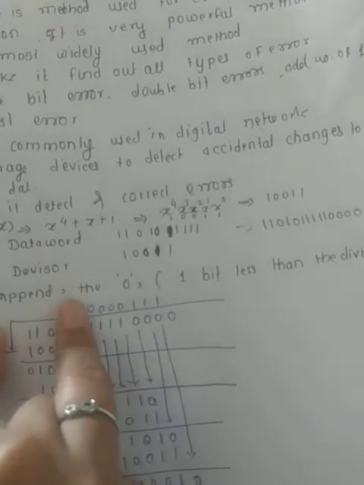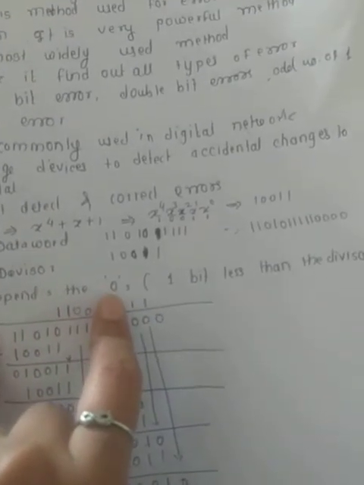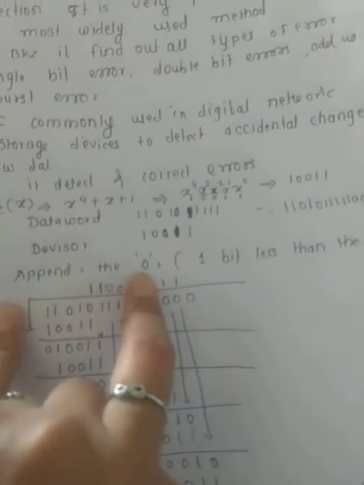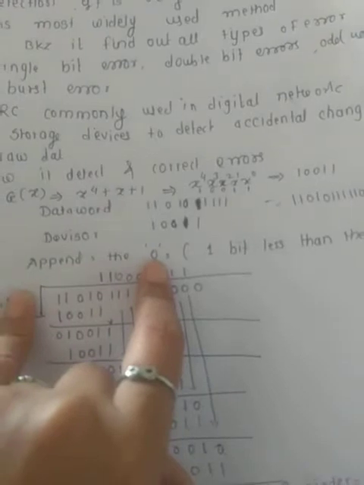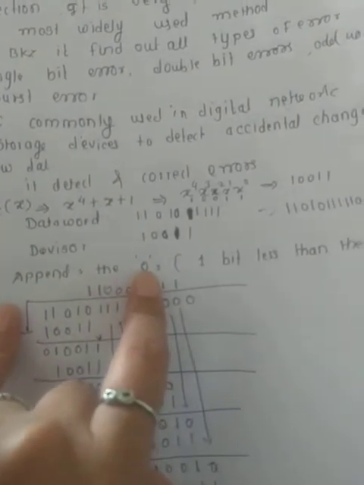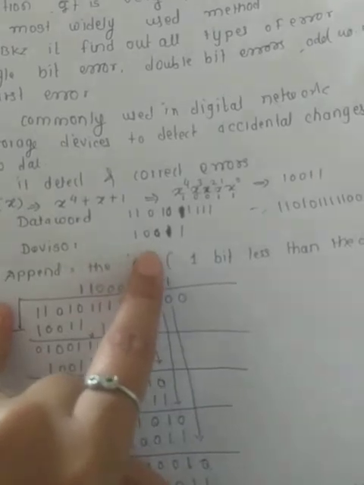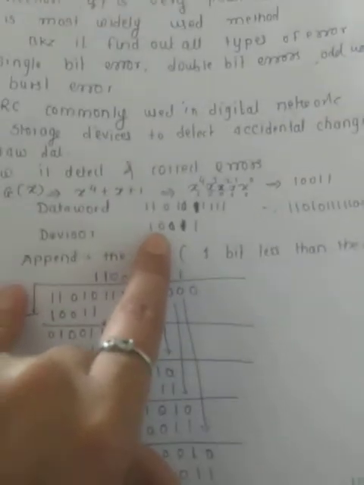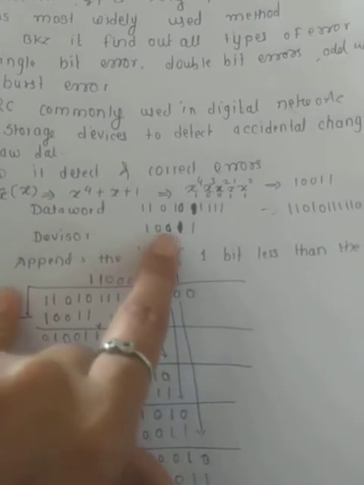We have to append zeros to the data word. The question is how many zeros are appended to the data word. This is obtained from the divisor bits. We first calculate the number of bits in the divisor. The number of bits in the divisor is 5.